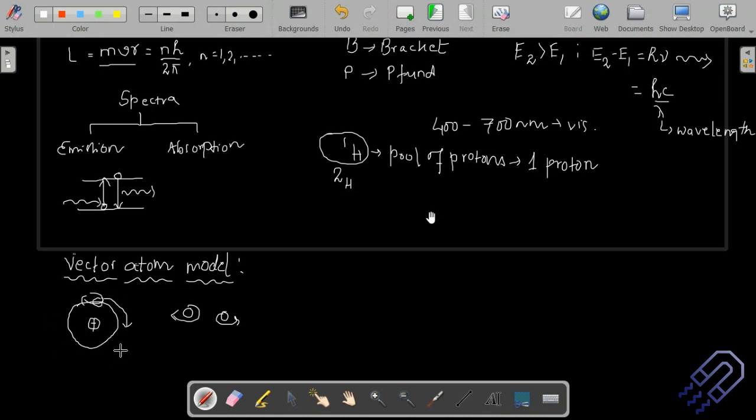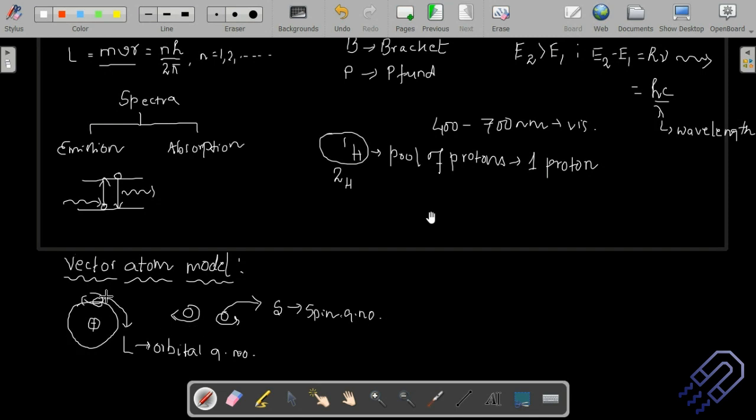So when it is revolving, it gives rise to something which we call L, or the orbital quantum number. But if it is also spinning around its own axis, that gives another quantum number, which is called the spin quantum number.